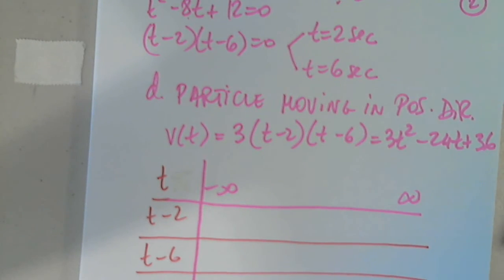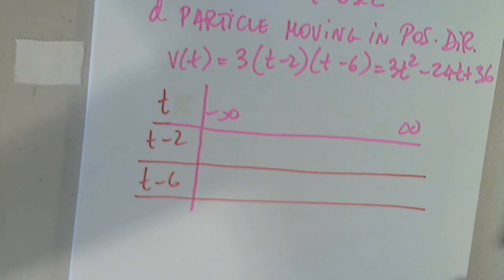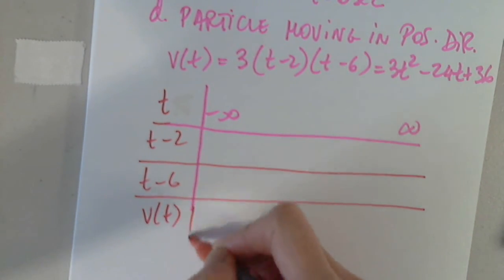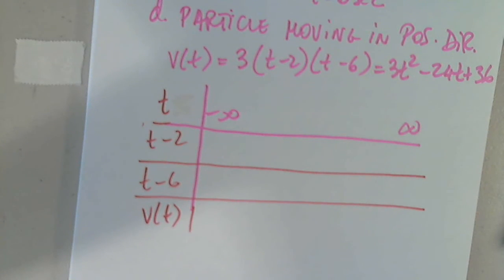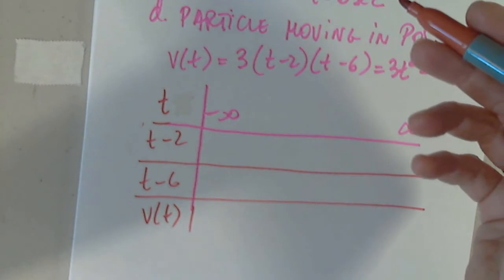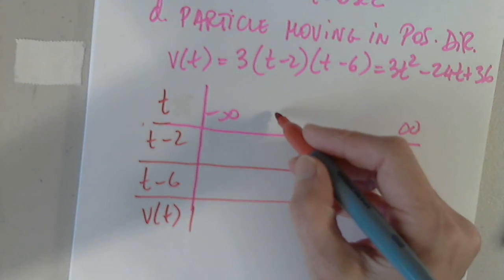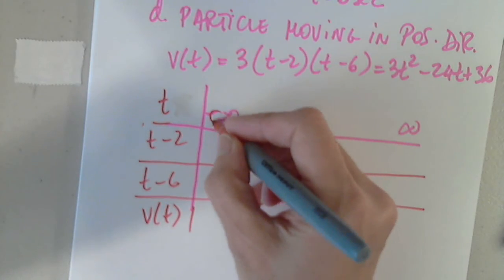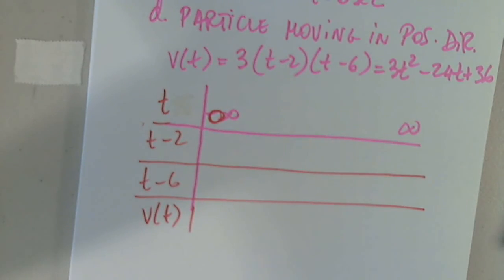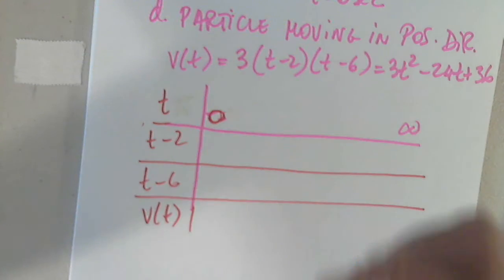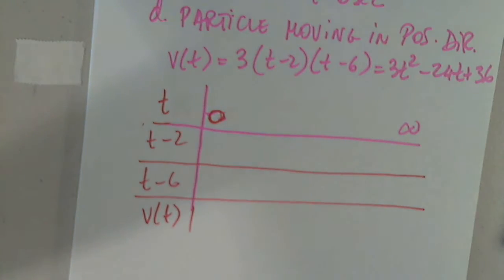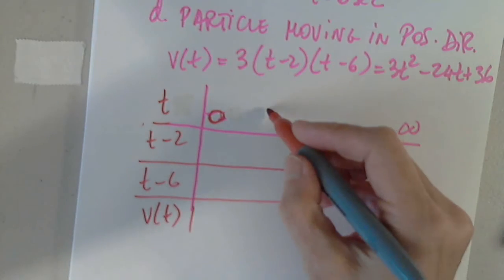And what I'm really interested in is the sign of v of t. The 3 doesn't matter. Anywhere I put it, it's still not going to change the sign. We already know from part C that, of course, 0. I'm only rushing to write negative infinity to infinity, but this is not the case. We'll talk about time. So we have 2 and 6.